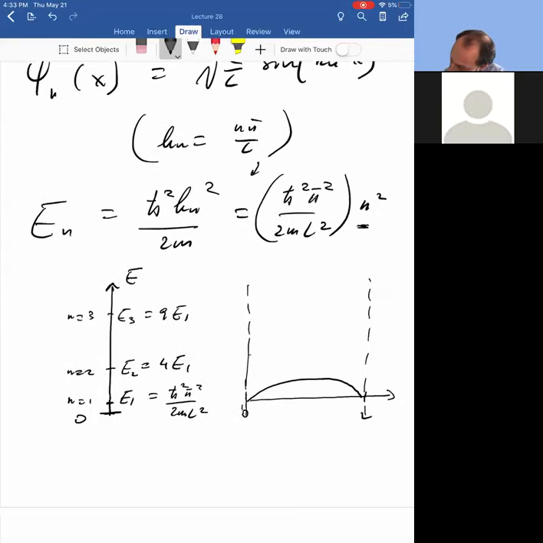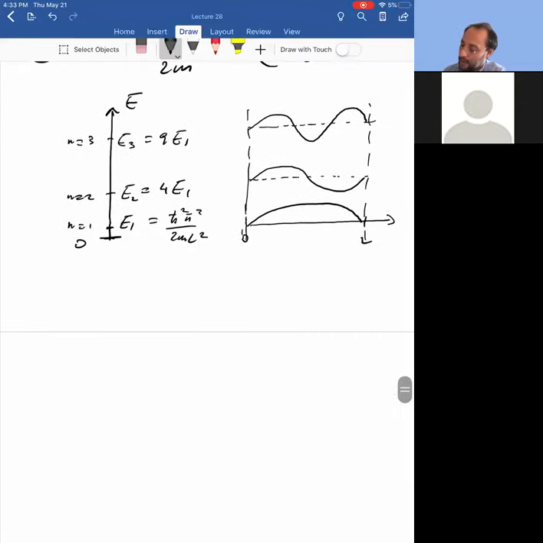The second mode looks like that. The third mode looks like that. So these are psi sub n's. I'm just sort of separating them.